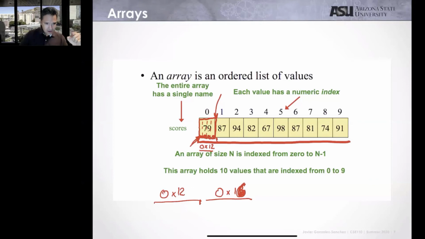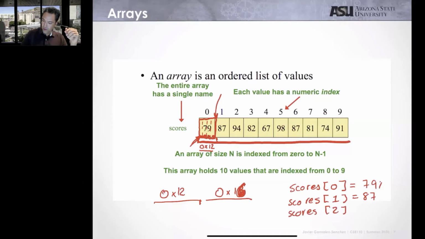Now, remember something. When you ask the computer, scores in the position 0 is going to be 79, or scores in the position 1 is going to be 87, or scores in the position 2 is going to be 94, the computer is going to use this 0, 1, 2 as you are using that, the 1 as the second element, and it's going to use everything consecutive.